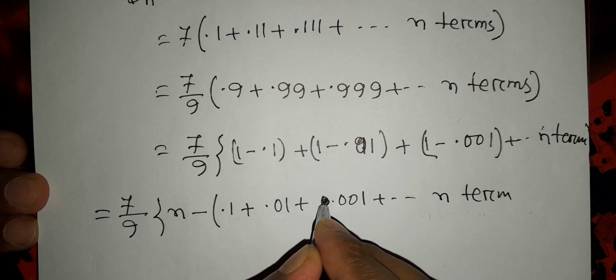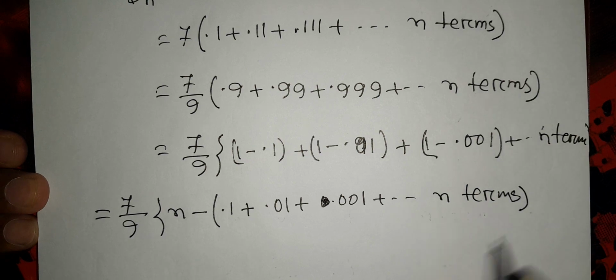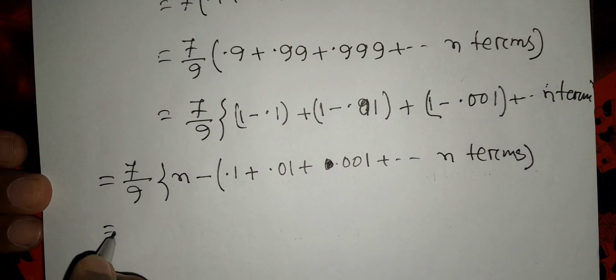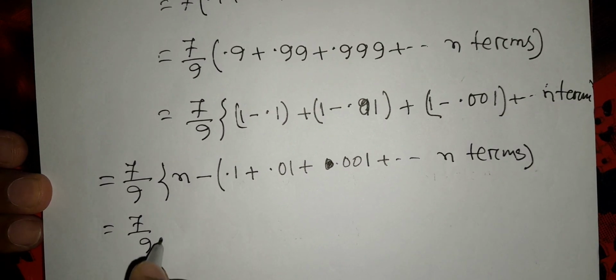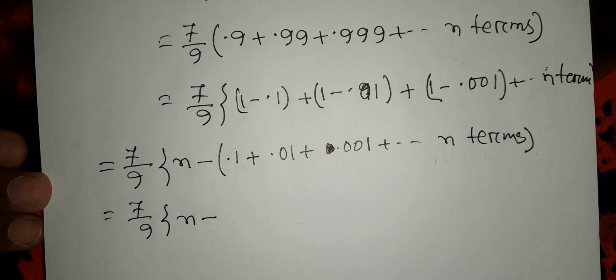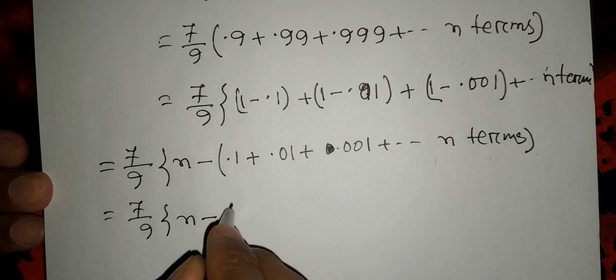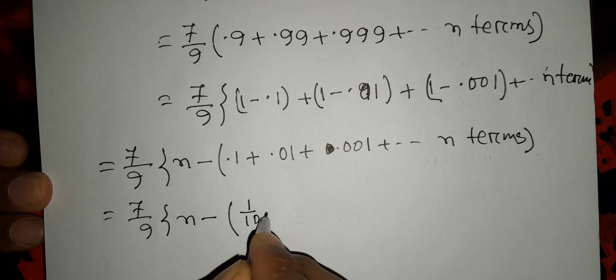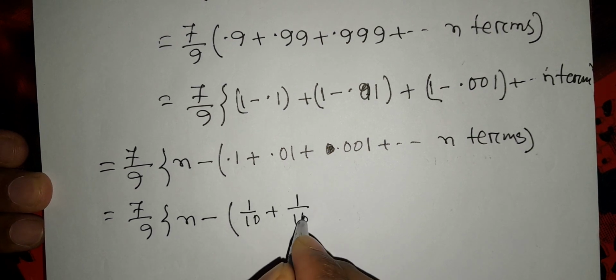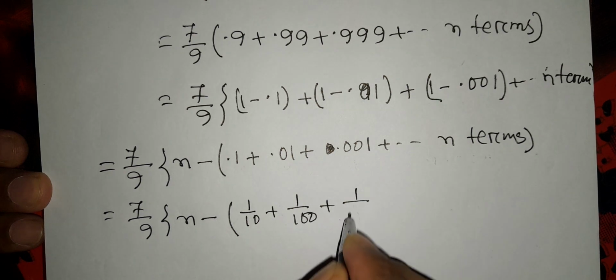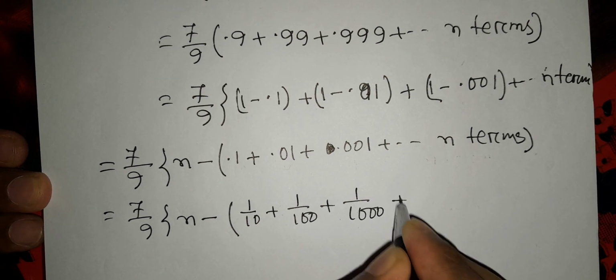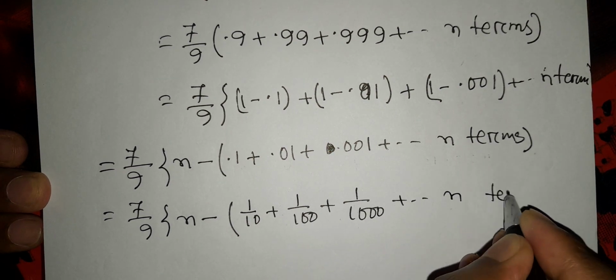Here we can write n minus 1 by 10 plus 1 by 100 plus 1 by 1000 plus ... up to n terms.